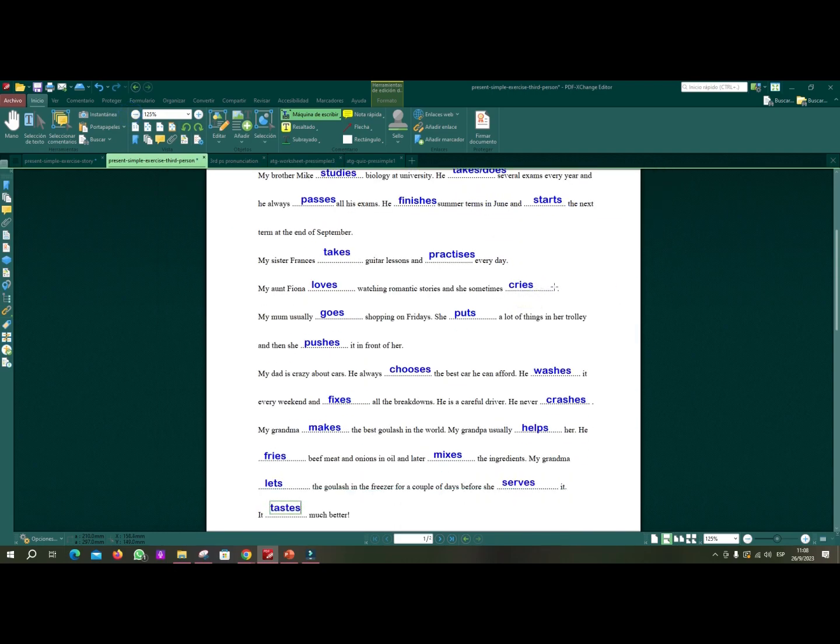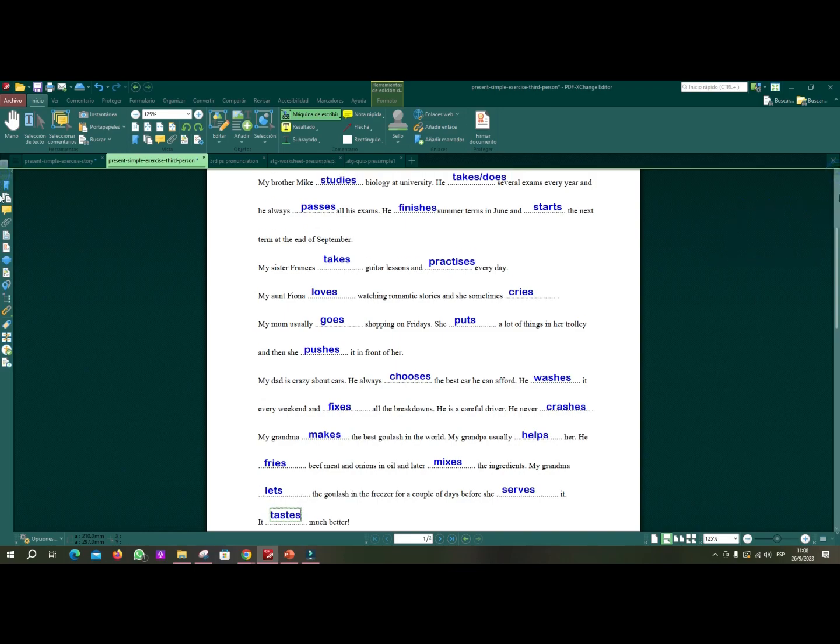So it says, my brother Mike studies biology at the university. He takes, right, or does several exams every year and he always passes all his exams. He finishes summer terms in June and starts the next term at the end of September.